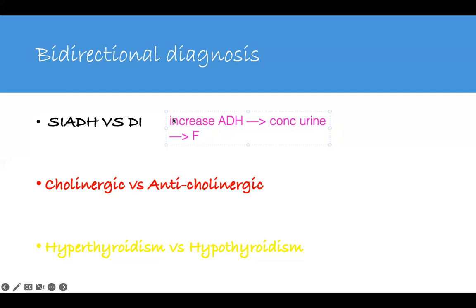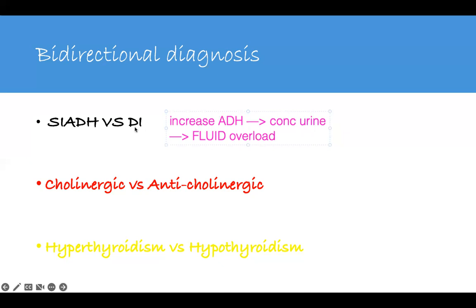That's all. So for my SIADH, it means I have increased ADH, concentrated urine, and fluid overload. I'm not going to list all the symptoms that are expected. You can use these three to answer it. You can use concentrated urine to answer a specific gravity question.